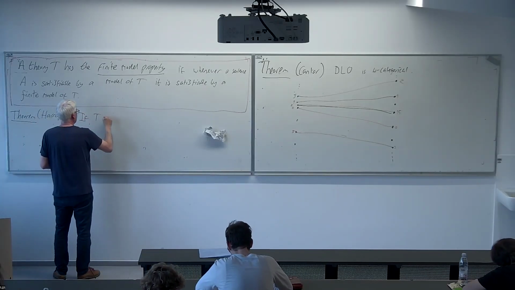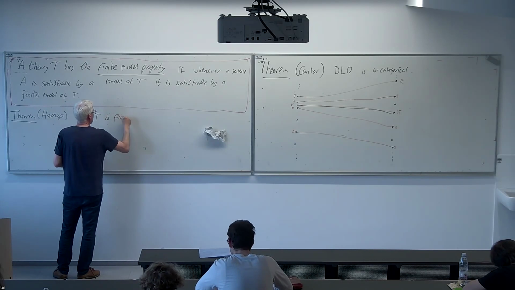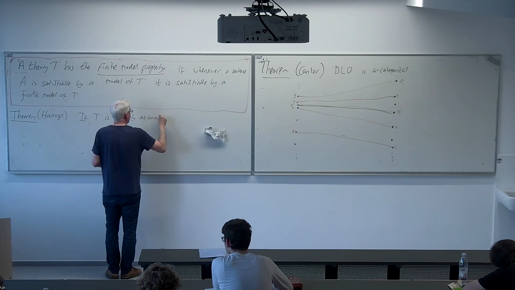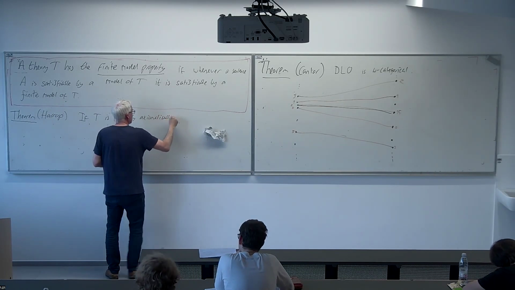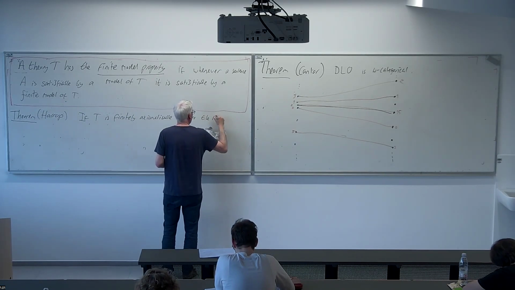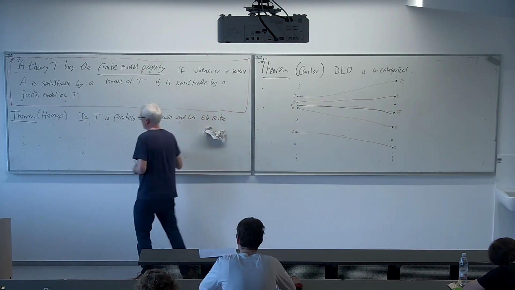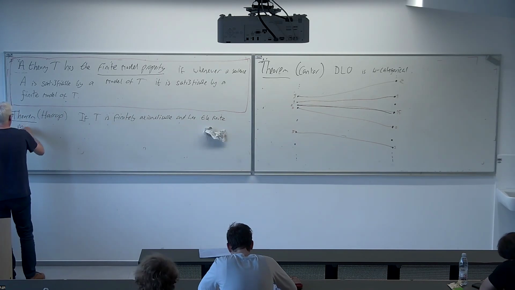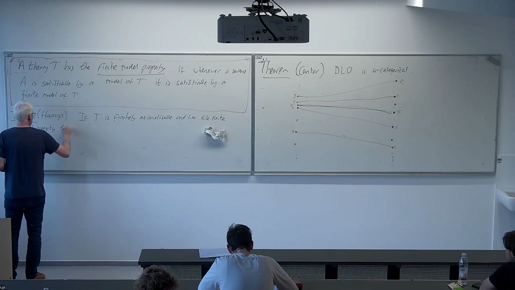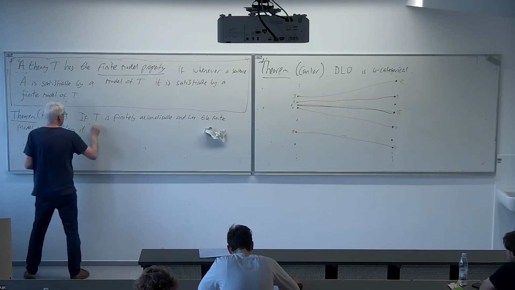If T is finitely axiomatizable and has the finite model property, then it is decidable.